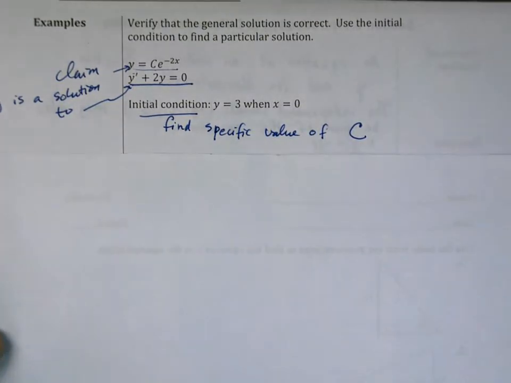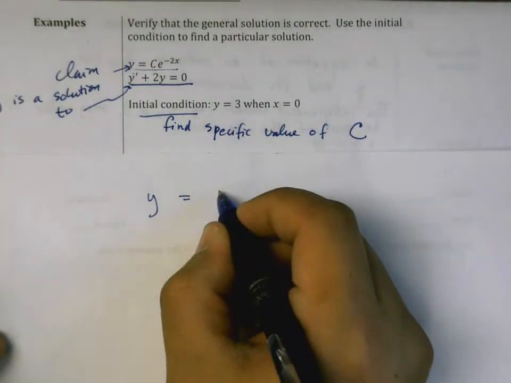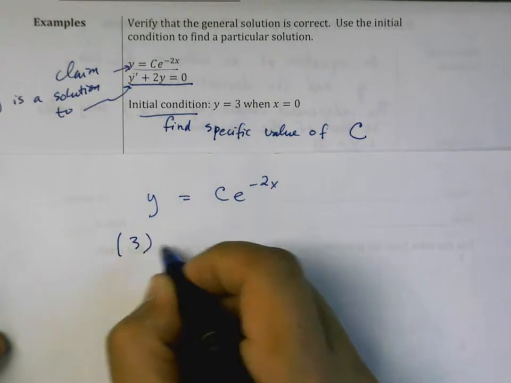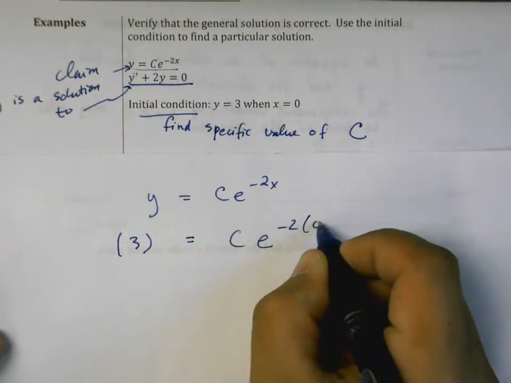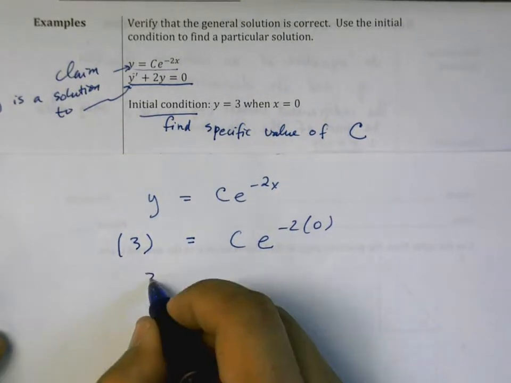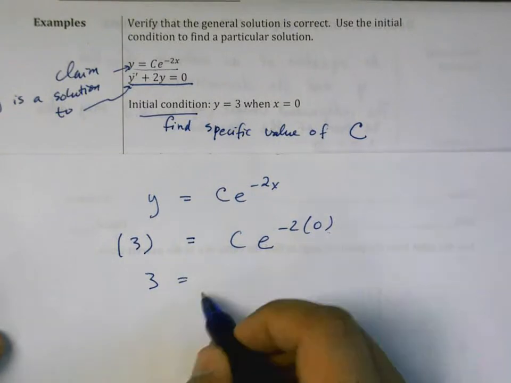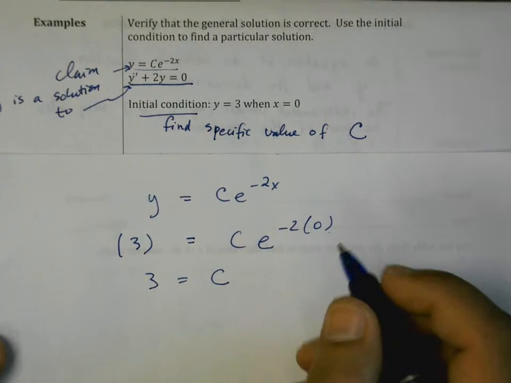So doing this isn't too difficult either. We start with this equation, y equals c e to the negative 2x, when y is equal to 3, so we make the substitution. Then x is equal to 0, and that means that e to the 0th is just 1, so that means c is equal to 3.